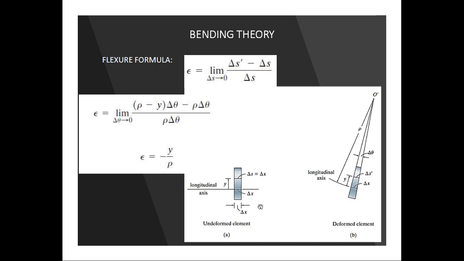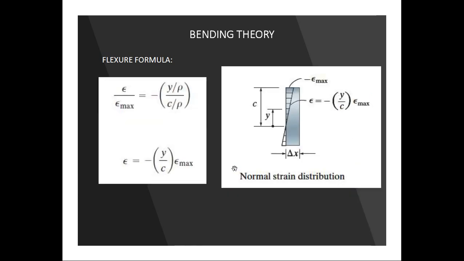Now you can see that the strain will be maximum at the top or the bottom. As you increase the value of y up to y max, the strain will be maximum. So if we take a relationship between the two, epsilon upon epsilon max will be equal to y upon rho over c upon rho, where c is basically your y max.